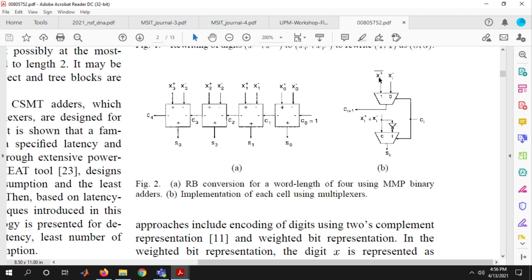Here the multiplexer inputs are Xi plus bar and Xi minus. And the sum is also computed using a multiplexer. It's either Xi plus Xi minus or its inverted value.